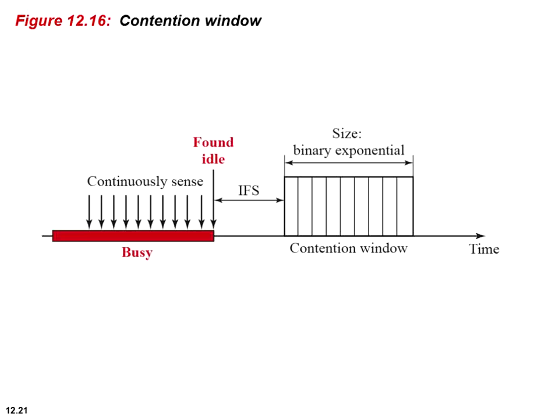This means that it is set to one slot the first time and then doubles each time the station cannot detect an idle channel after the IFS time. So this is similar to the p-persistent method, except that a random outcome defines the number of slots taken by the waiting station.